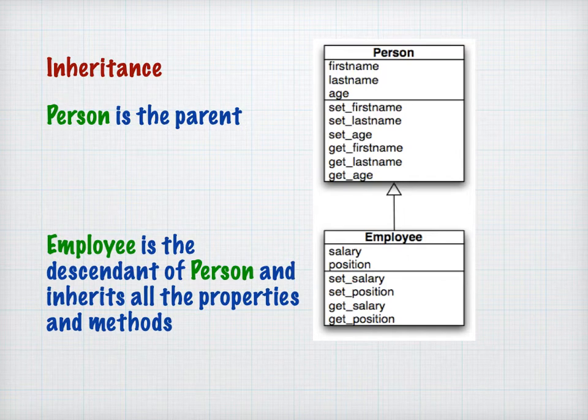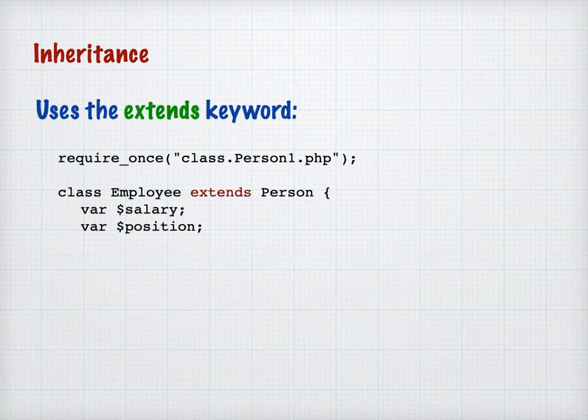How do we do this in PHP? Well, PHP has this reserved word extends, and the way that we use it is, when we're going to define something which inherits from something else, we go class X extends Y. And what we're saying here is that employee will have all the things that will be inside person, and it has these extra things as well.